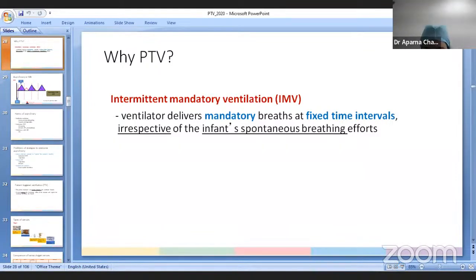I hope now the slides are moving. Are slides moving, or are they not moving? No, ma'am.